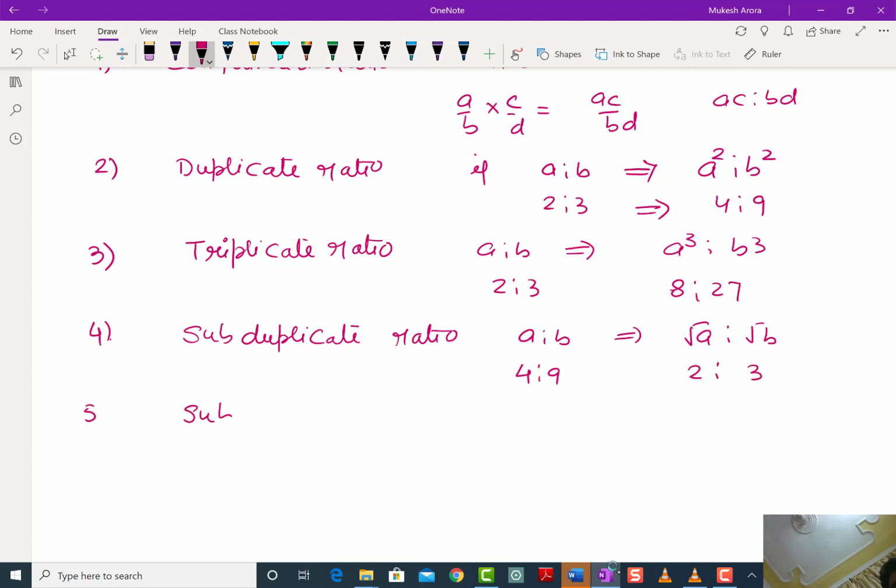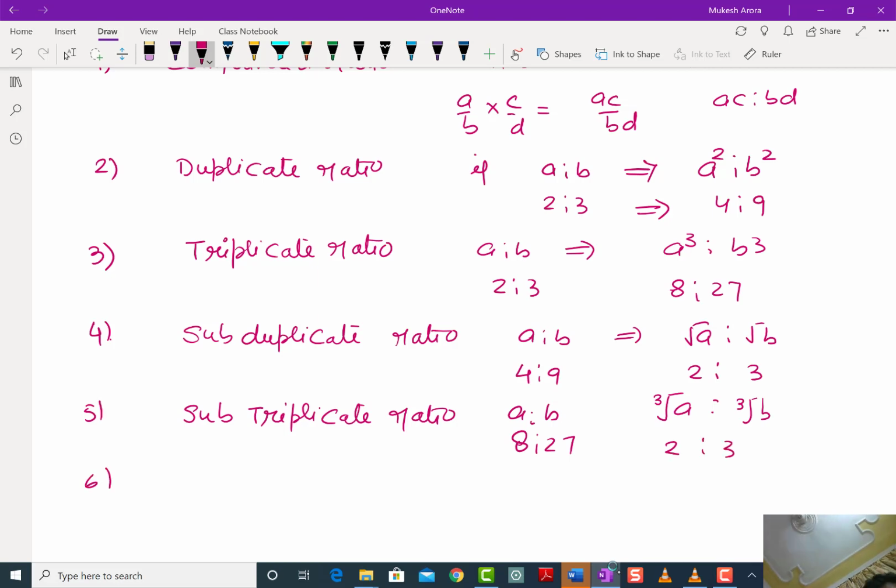And in the same way, subtriplicate. If it is A ratio B, the subtriplicate is the cube root of A and the cube root of B. For example, 8 ratio 27 means 2 ratio 3.